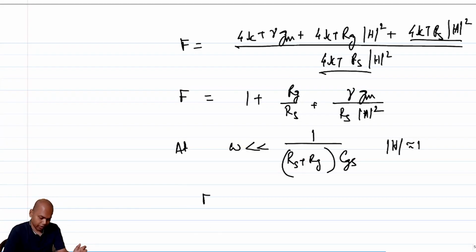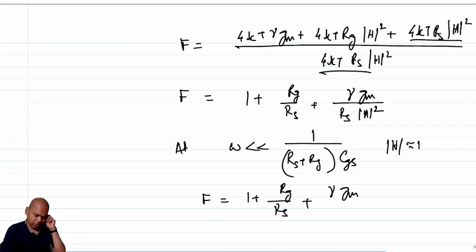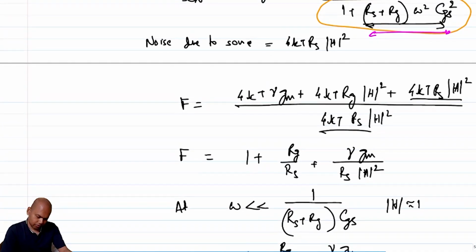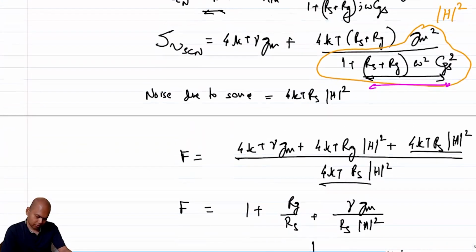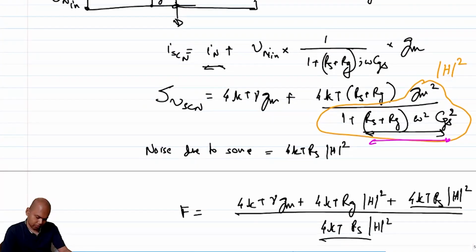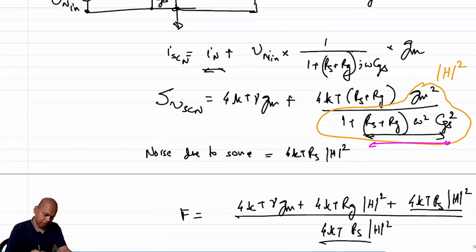So your noise factor is 1 plus Rg by Rs plus gamma Gm. I made a mistake here somewhere. I should have written this as Gm squared H squared, right?